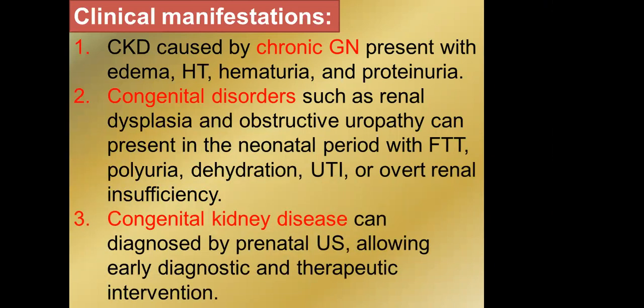If the cause is congenital kidney disease, it can be diagnosed by prenatal ultrasound, allowing early diagnostic and therapeutic intervention. The most common is obstructive uropathy, which causes fetal renal hydronephrosis, diagnosed by prenatal ultrasound of the fetus. Early intervention immediately after delivery will reduce the degree of renal damage.